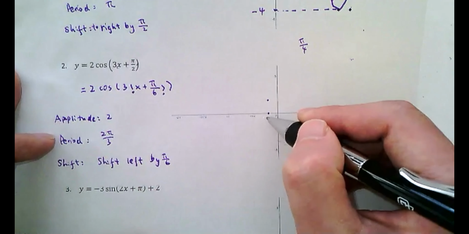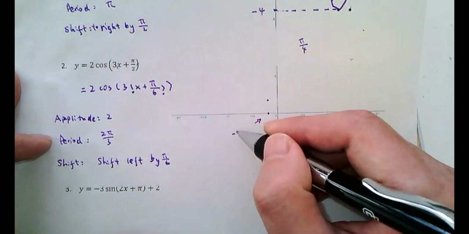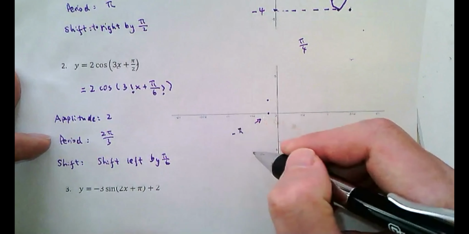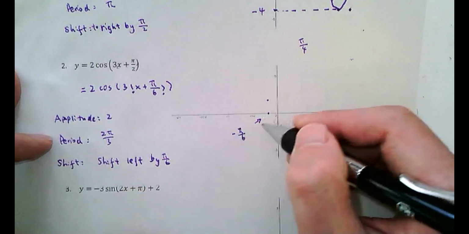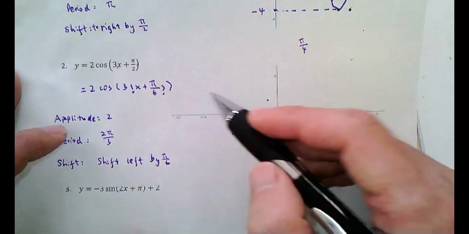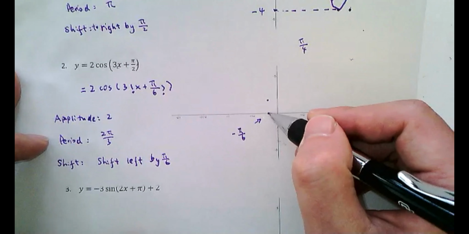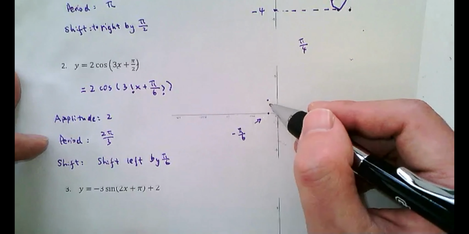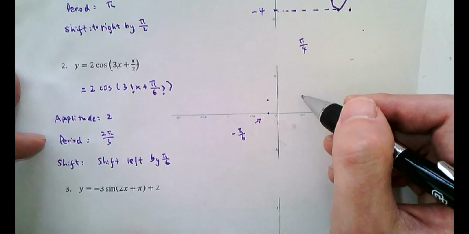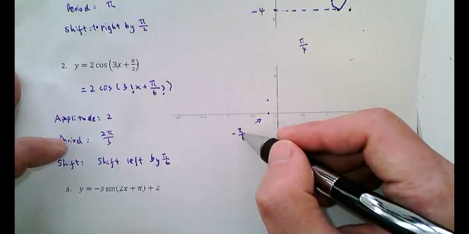So this x coordinate is negative pi over 6 because we are shifting left by pi over 6. So it decreases then increases to complete one period. This point we know it is negative pi over 6.